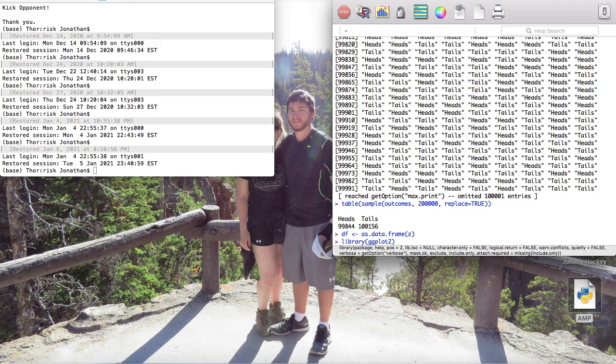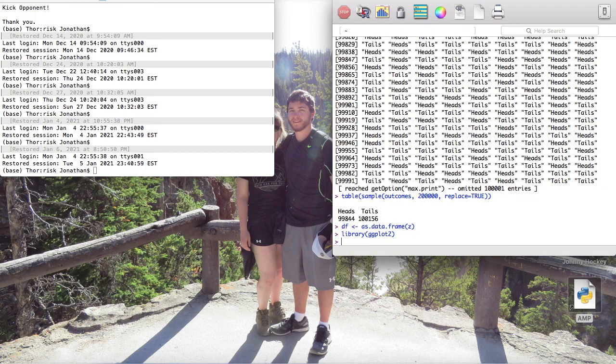One of them is ggplot, so that gives us a library for calling plots. From here, I'm just going to call the ggplot function, so I'm going to plot Z. I'm going to plot my data.